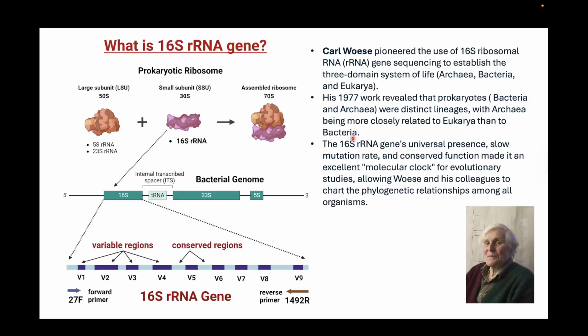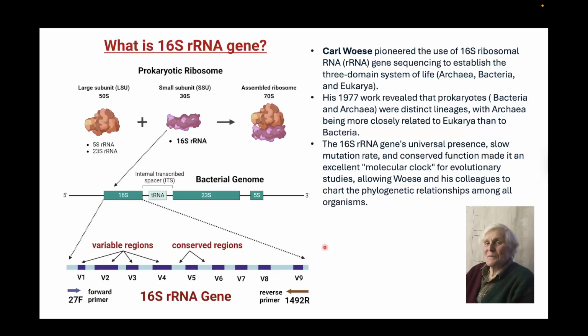So this was his discovery. Eukarya and archaea were together and bacteria was far apart. And the 16S rRNA gene's universal presence, slow mutation rate, and conserved function made it an excellent molecular clock for evolutionary studies, allowing Woese and his colleagues to chart the phylogenetic relationship among all organisms.